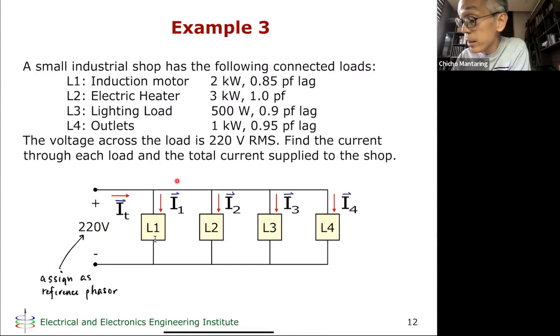In other words, this voltage is going to be 220 at an angle 0 degrees. So if I'm not given any phase angle, I can assign any phasor in the circuit to be my reference phasor. So in this case, I make 220 my reference phasor. I assign that 0 degrees. And then I'm going to compute for the angles of I1, I2, I3, I4, all with reference to the reference phasor.